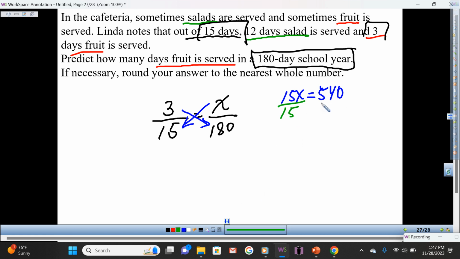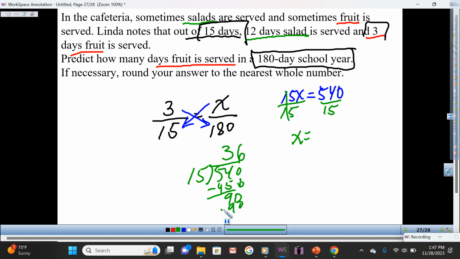Divide by 15, divide by 15. 540 divided by 15, fits in there 3 times, 45, subtract, that's 9, bring down the 0, 15 into 90, that's 6, subtract, that's 0. So how many days are they going to serve fruit? 36 days.